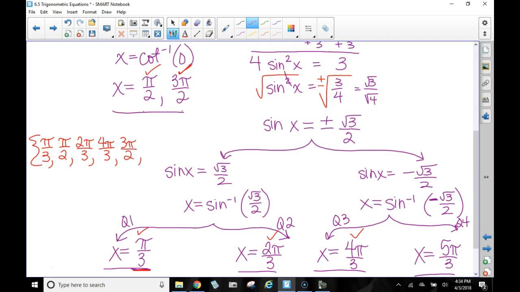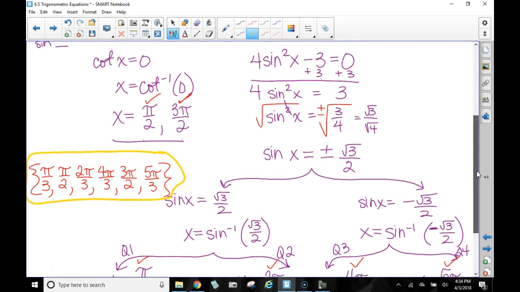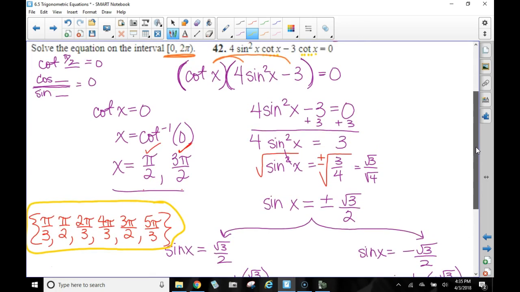And then finally, we would hit this biggest angle of 5 pi over 3, which is in quadrant 4. So there's our solution set for all the solutions to our equation, but just for one revolution. That's what they asked us to do in the problem on the interval from 0 to 2 pi. And all these angles lie between 0 and 2 pi.